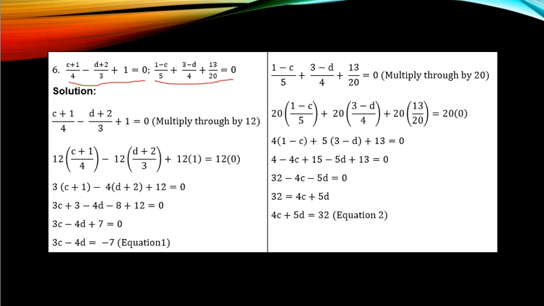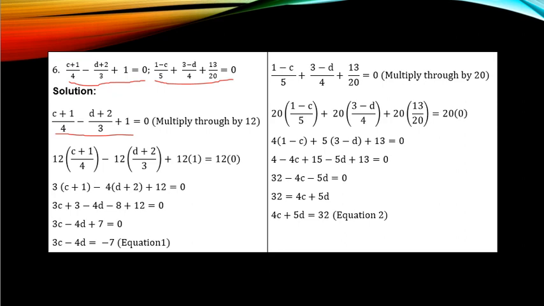In this form, the denominator is a number, not a letter. So you have 4 and 3. So here you can clear the fractions because denominators are numbers and not letters.